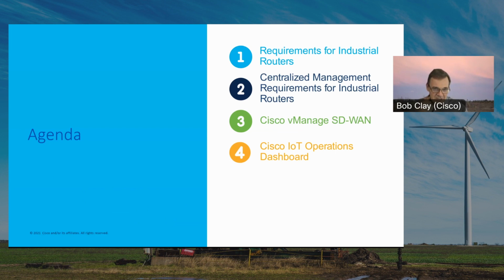I'll cover, in general, what some requirements are in an industrial router and why it is different. Then I'll cover requirements for centralized management of industrial routers. And then I'll compare two different products, which really do two different things: Cisco vManage for SD-WAN and Cisco IoT Operations Dashboard.